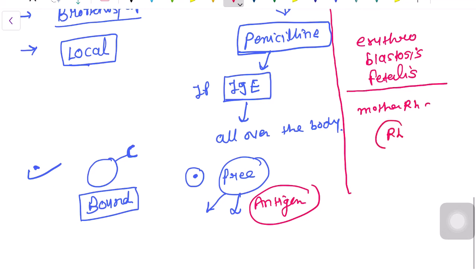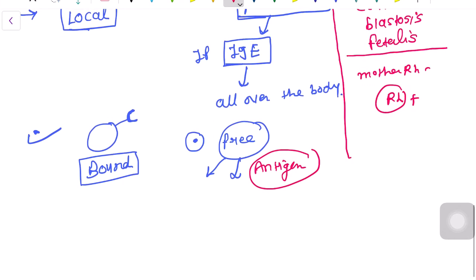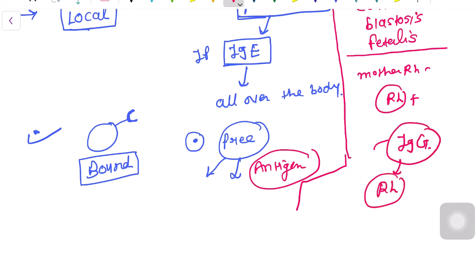During the first delivery there is no problem, but as the baby's antigens have crossed the placenta, the mother's blood has produced IgG antibodies against the Rh positive blood. Then during the second delivery, if the baby is Rh positive, the Rh antigens on the surface of the RBCs meet the IgG antibodies present in the mother's blood.